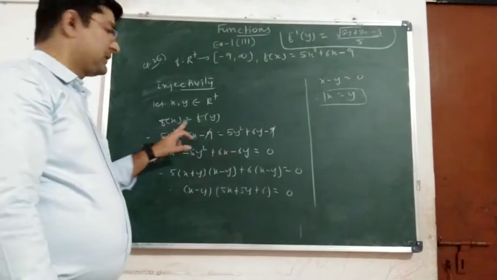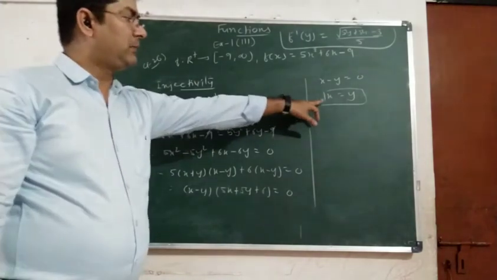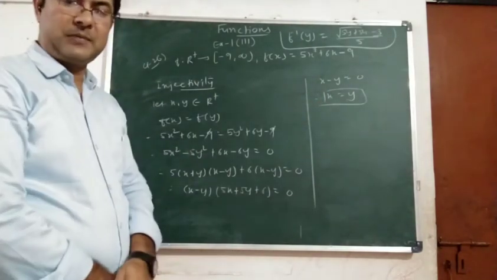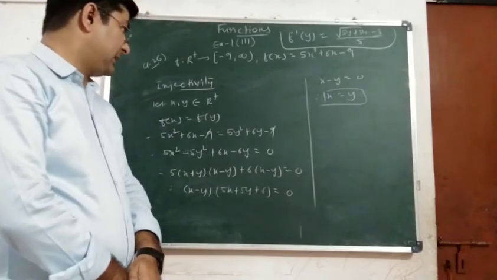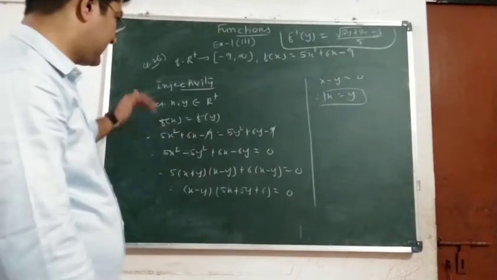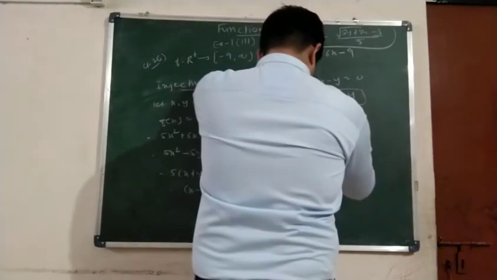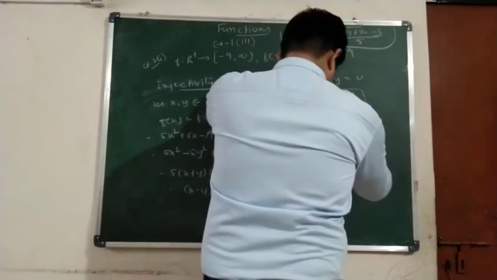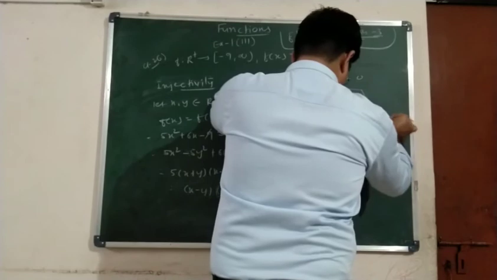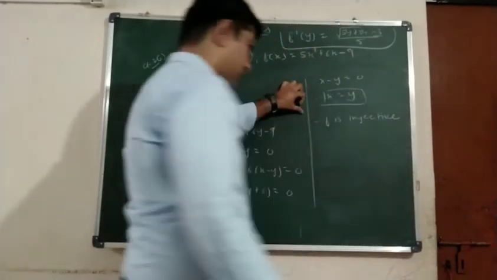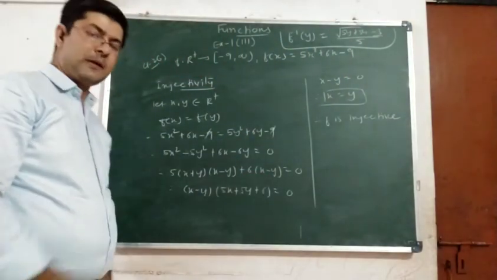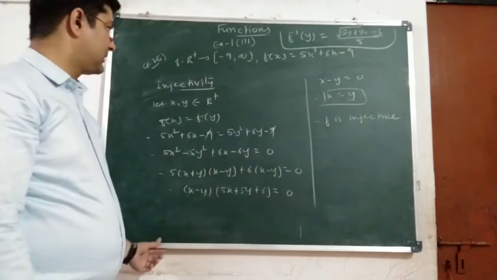So if f of x is equal to f of y, implies x is equal to y by the definition of the function, and therefore f is an injective map. Okay, or it is a 1-1 function. Please note down, then we will check the surjectivity.